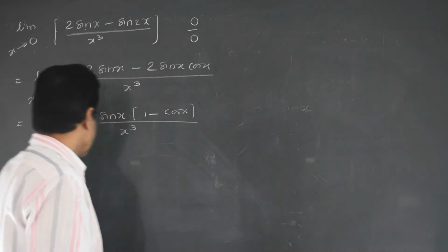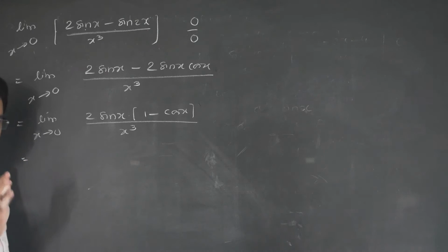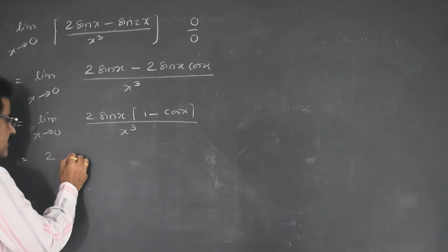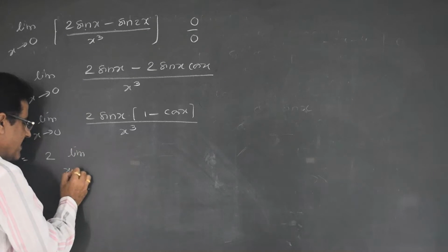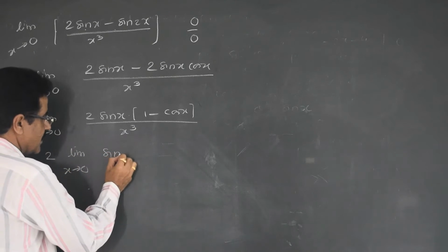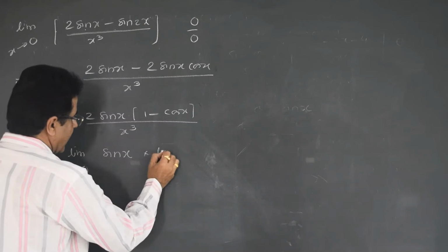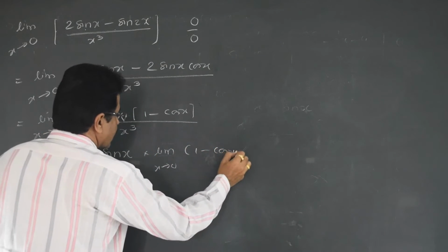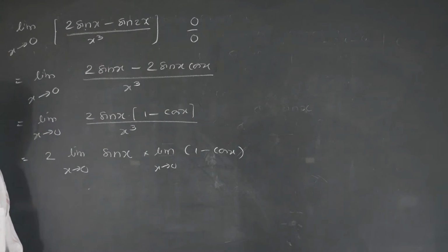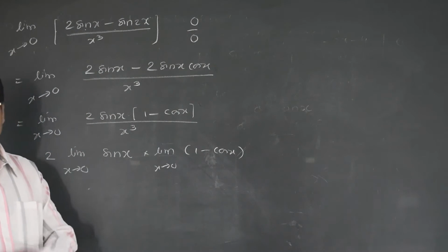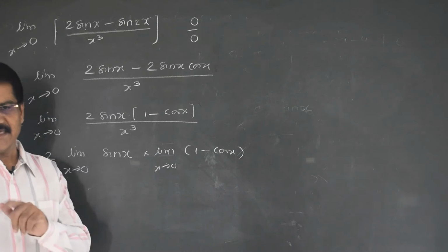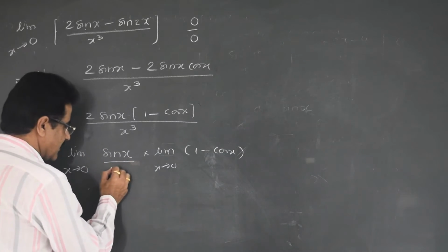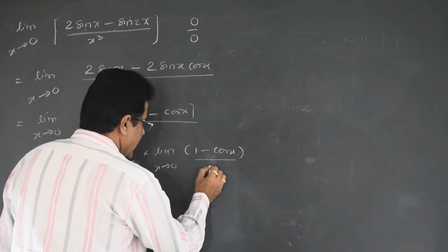Why in 3 parts? Because as per our algebra of limits, 2 is a constant term, must be taken outside the limits, multiplied by limits as x tends to 0 sin x, and multiplied by limits as x tends to 0 1 minus cos x. Now we know the standard formula, limits as x tends to 0, sin of x upon x is equal to 1, and therefore this x cube can be split as x multiplied by x square.